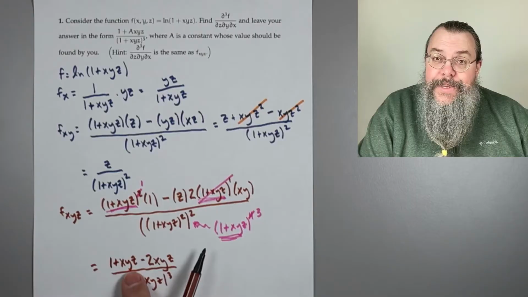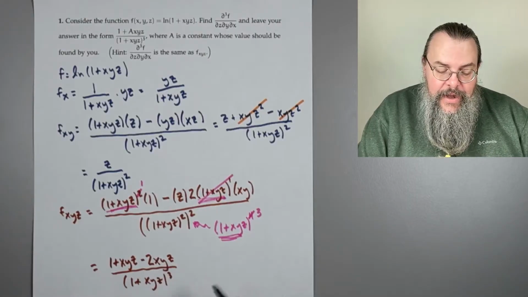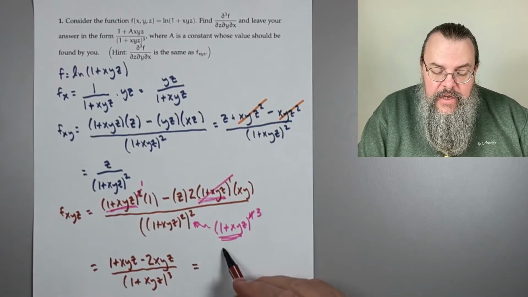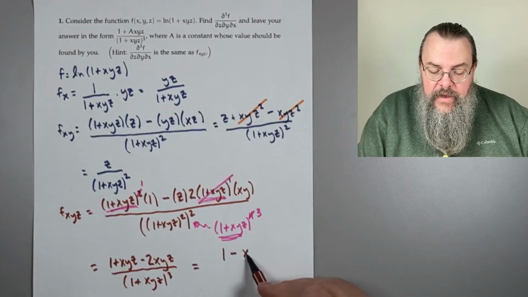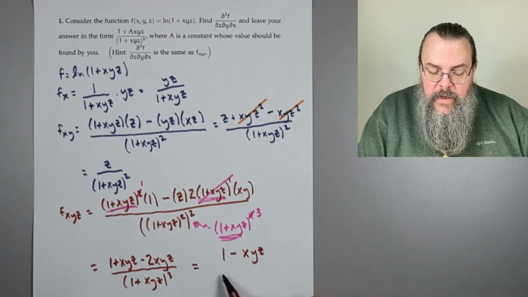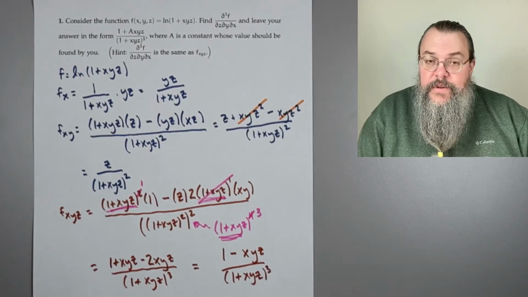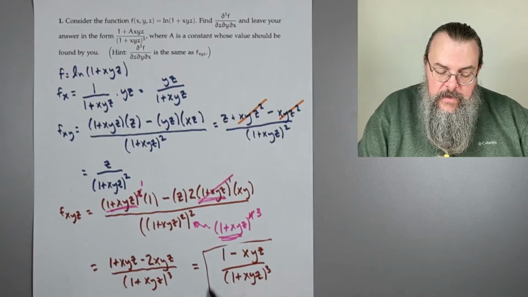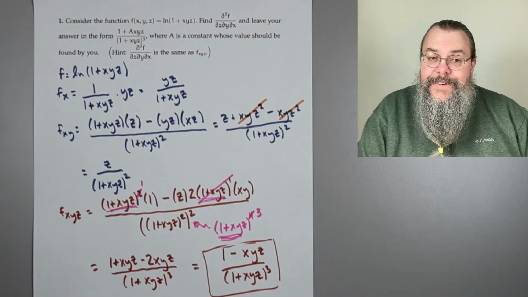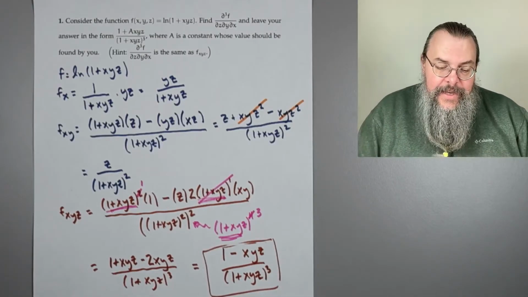And you have an xyz and a minus 2xyz, and they combine together to get 1 minus xyz over 1 plus xyz cubed. And ta-da! That's it.